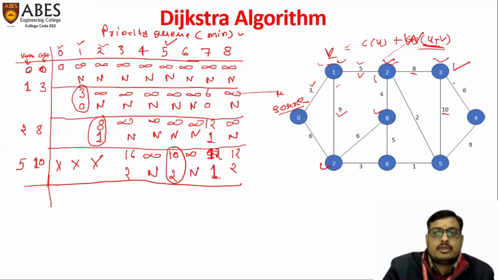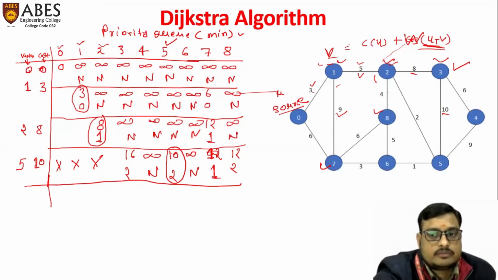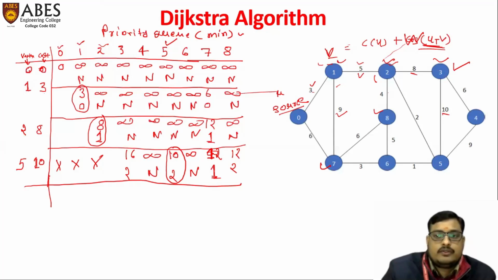Now come to vertex number 4. The cost of 4 will be the cost of 5 plus the edge weight. The cost of 5 is 10 and the weight of edge 5, 4 is 9.